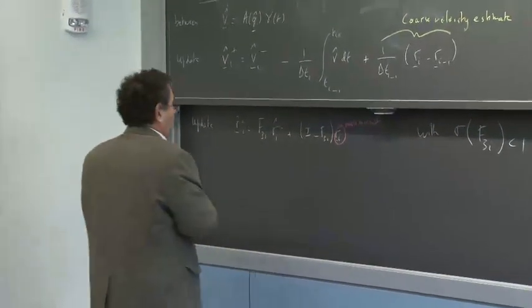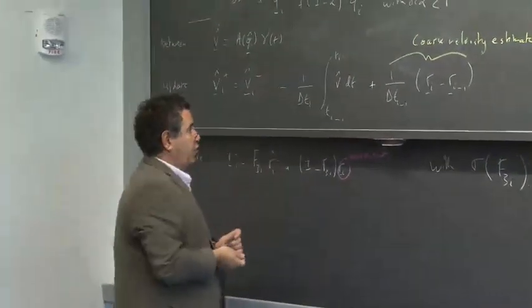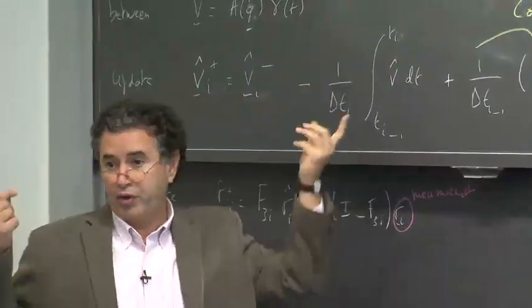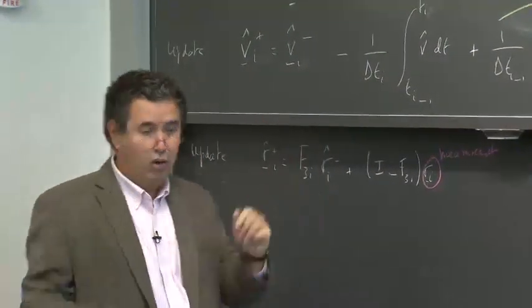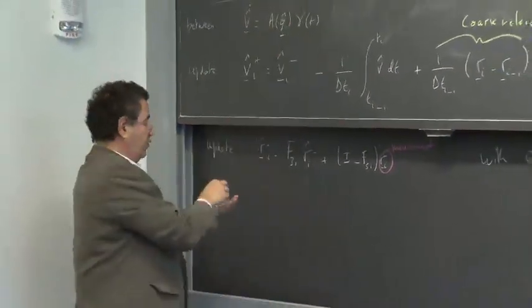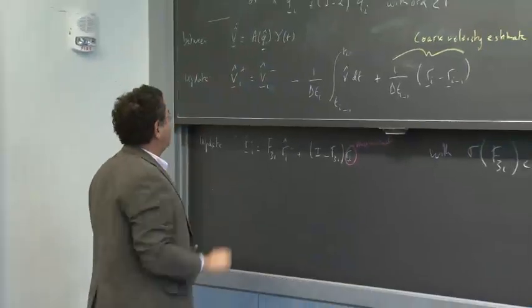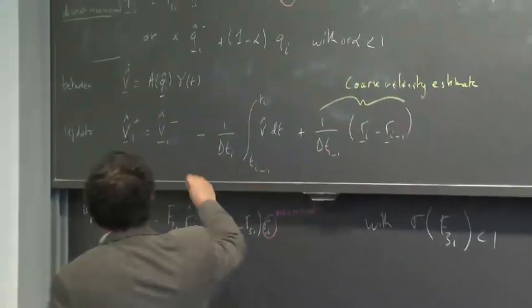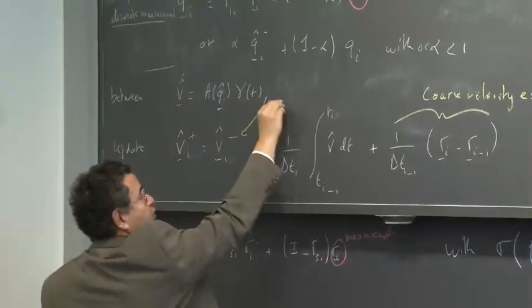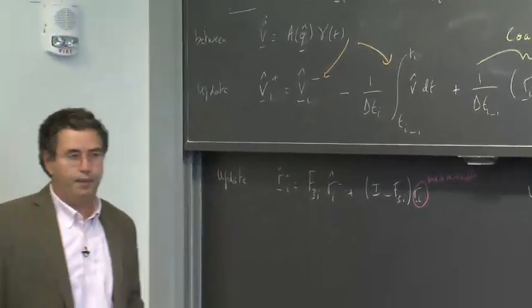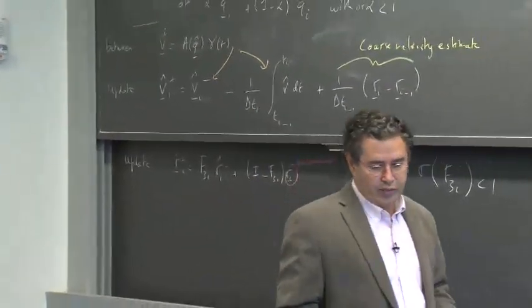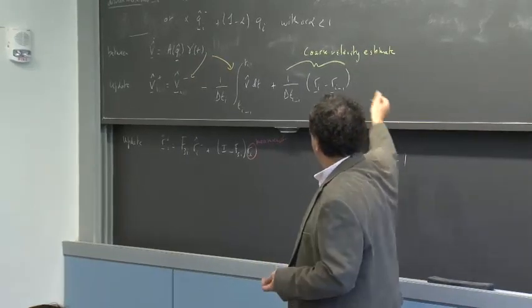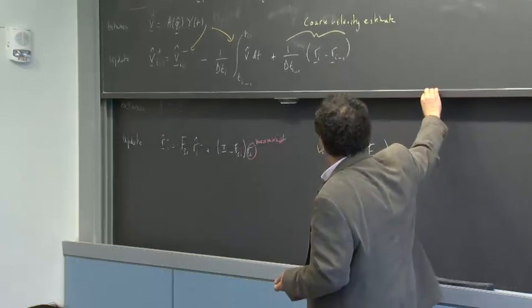And then you correct this term with this: 1 over delta i times the integral between the same two instants, the previous measurement and now, of v hat generated by this model. So in other words, this feeds two terms. I'll let you verify it's just a few lines of calculation, but this indeed verifies the contraction condition.